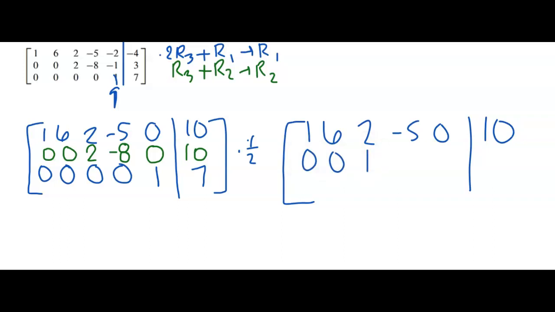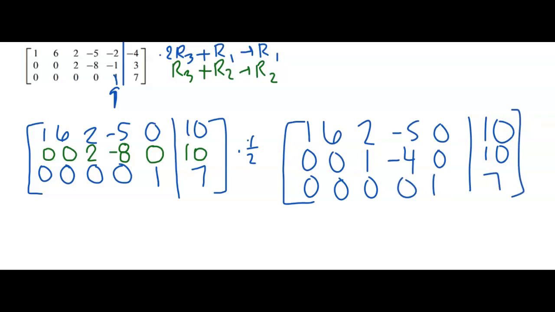Remember, for reduced row echelon form, I do want to have the leading term be a 1. So that's super helpful for me here on row 2. And then really the only other thing I can do now is make all the numbers above that 1 a 0. So I need to take -2 times row 2, add that to row 1, and put that into row 1.